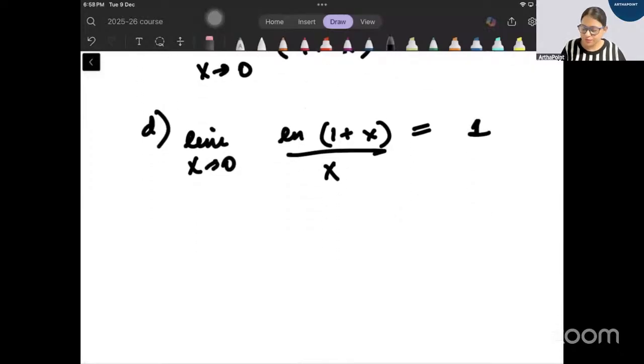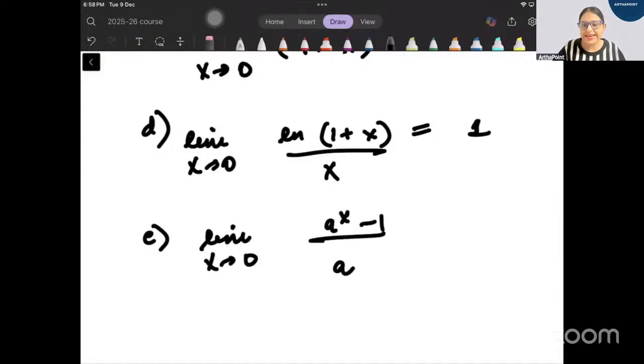And limit x tends to 0, a to the power x minus 1 by x, this is ln a.